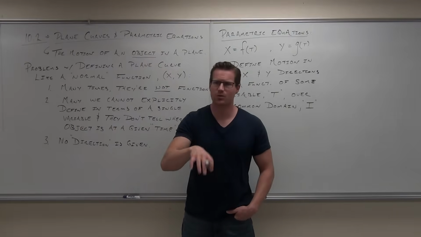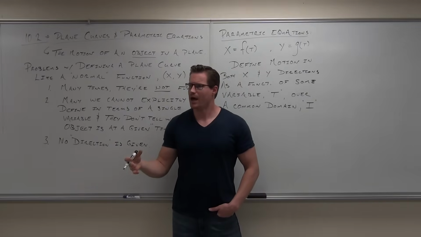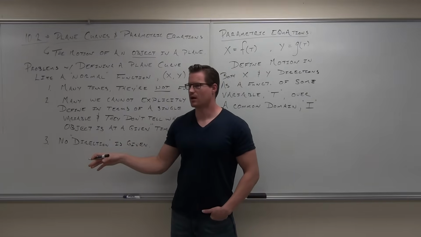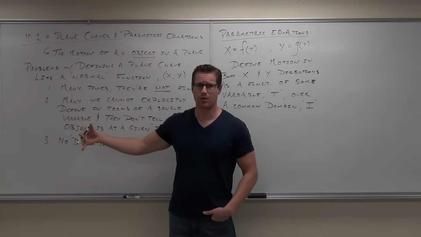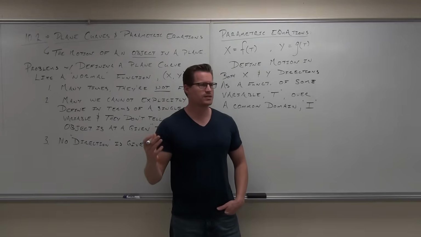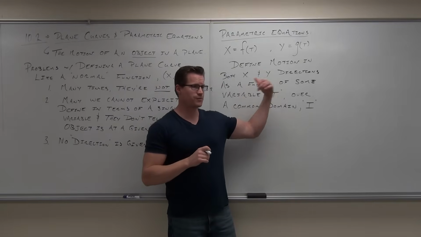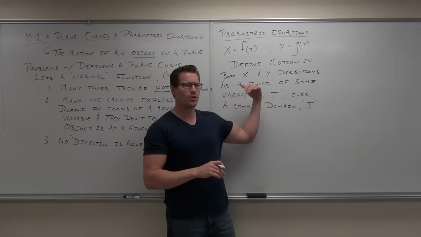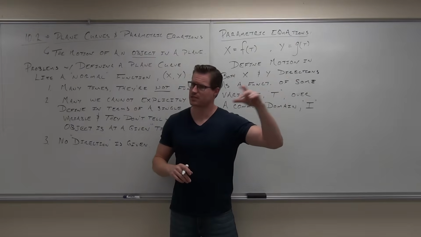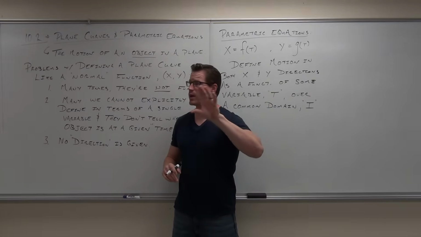So we get around that by saying, every point's still going to have an x and y. Obviously, it's going to be on a plane. Let's just describe them differently. Let's say that x is now described by a function of t, whatever t happens to be, and y is described by a function of t, the same variable, but maybe a different way to describe them.